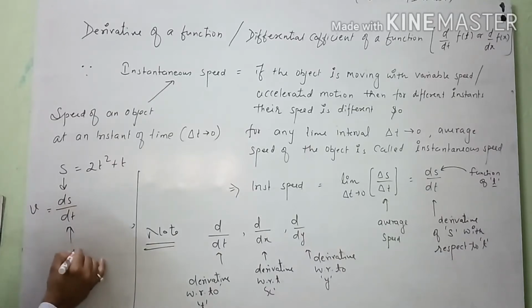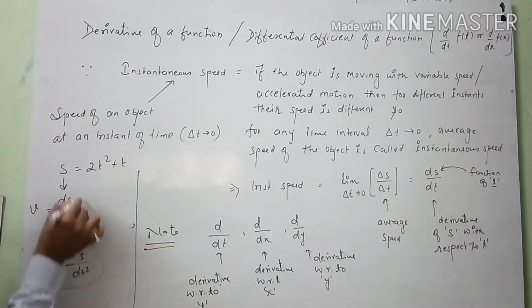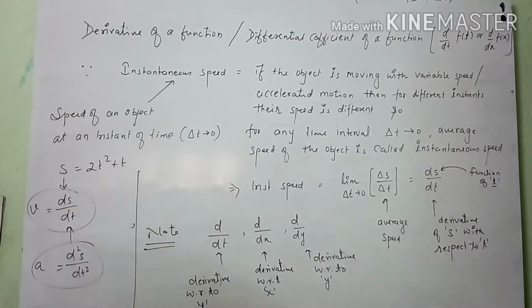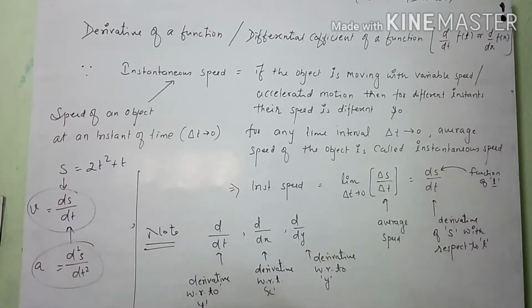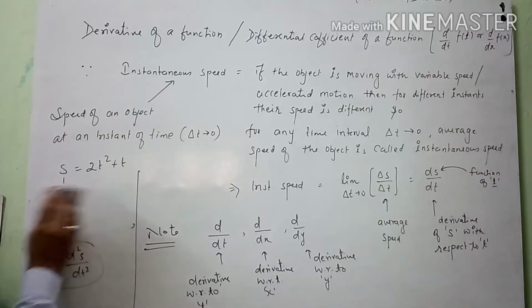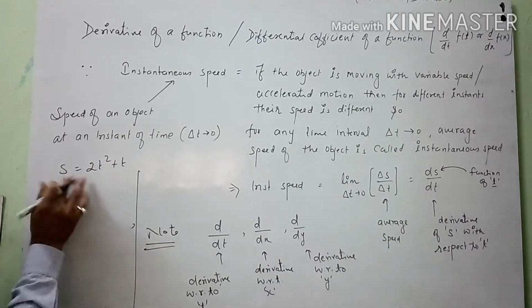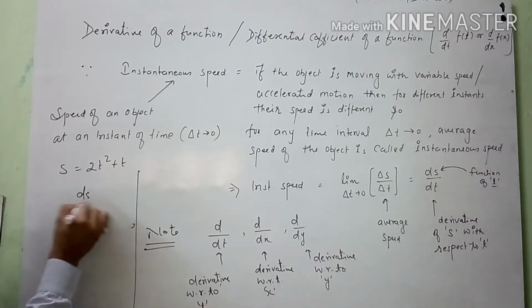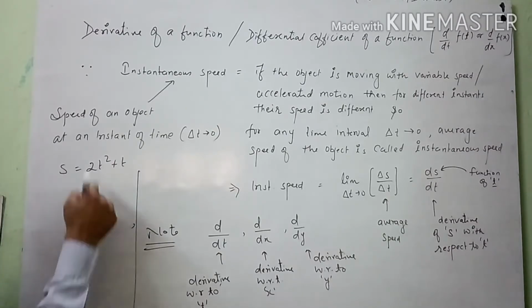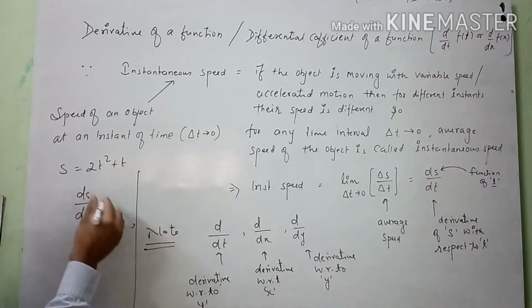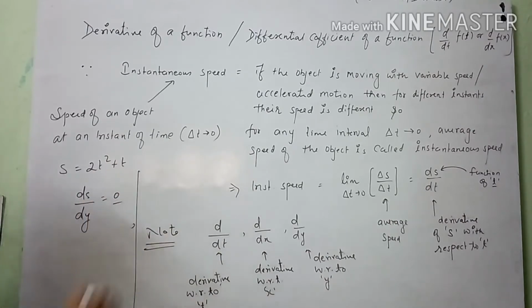If I differentiate again, then we get acceleration. These terms will come in your next lecture, and you will see how we get these types of differentiation. But suppose, if I differentiate this s with respect to any other variable y, which is not a function of t, then the value is 0.